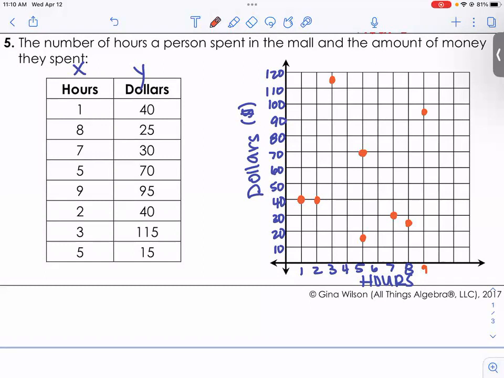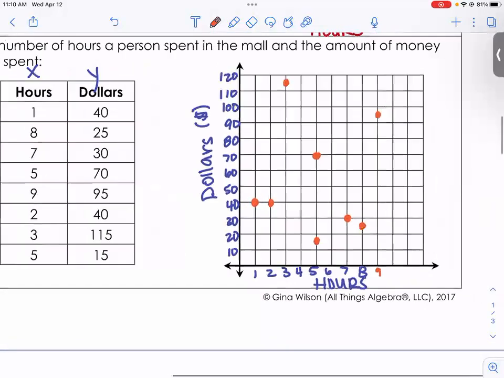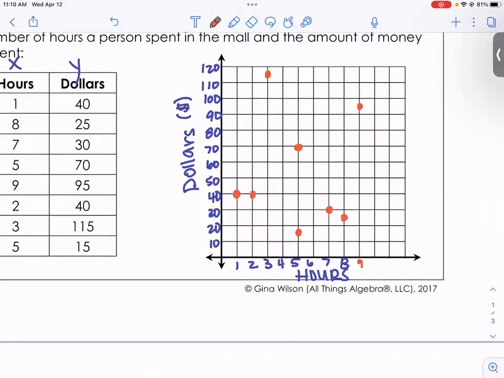Okay, look at your data. Does it look line-ish? Oh my goodness, it is all over the place. Maybe there are some people who like to just be at the mall and walk around and window shop.